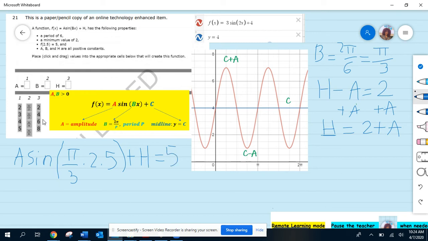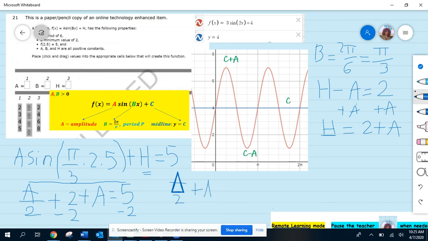If you go on a calculator and calculate this sine, you will find the value 1/2. So here you have a times 1/2, which is a over 2, and then plus, we replace the h, as we said before, with 2 plus a, equals 5.